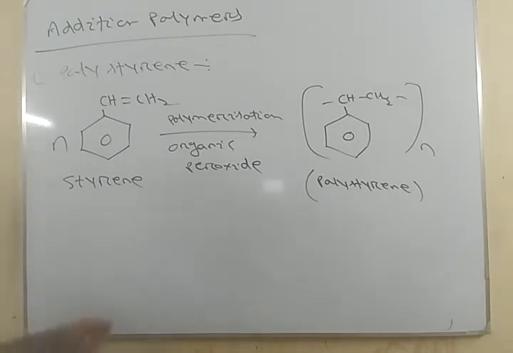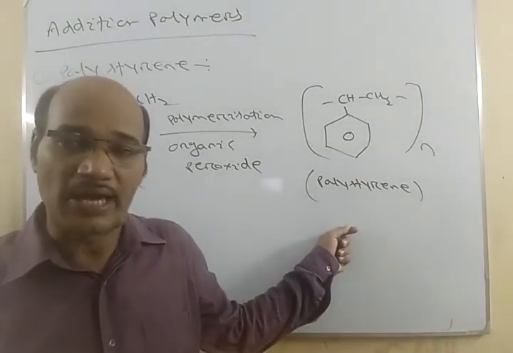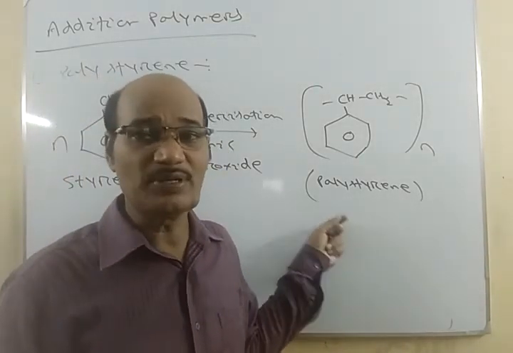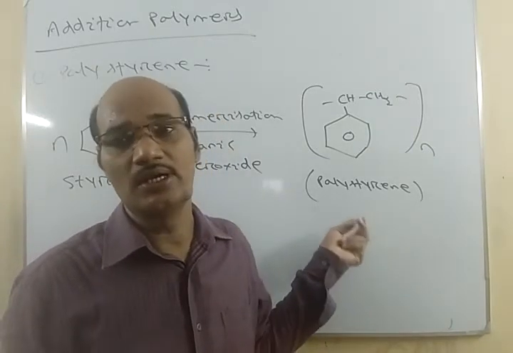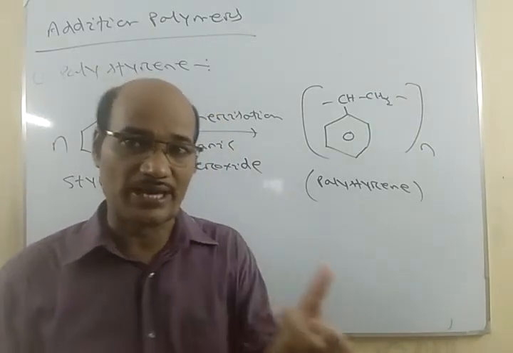So polystyrene is the polymer of styrene molecules, and these polystyrenes are used for preparing your tires.